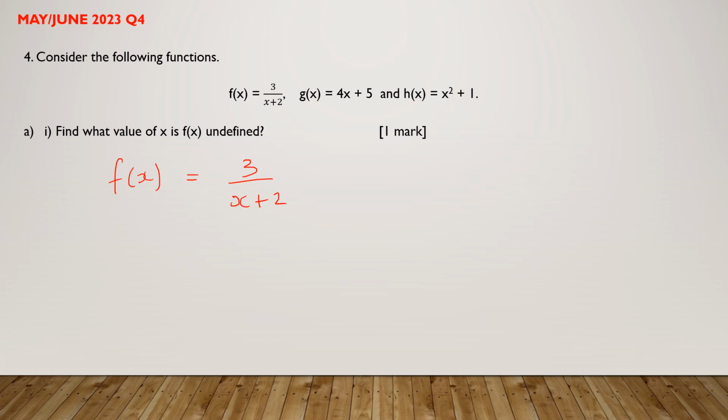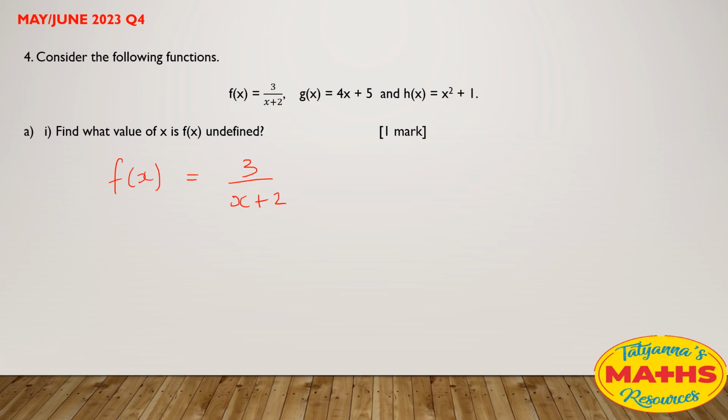This is the function, and they're asking what does this function have to equal to be undefined? They're talking about the bottom part of this function, x plus 2. What value of x would make this function undefined?